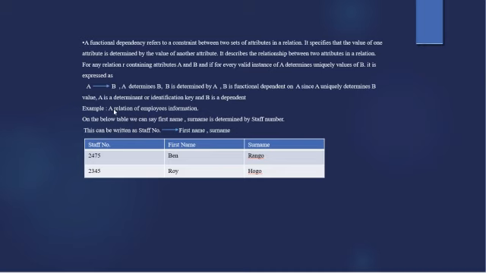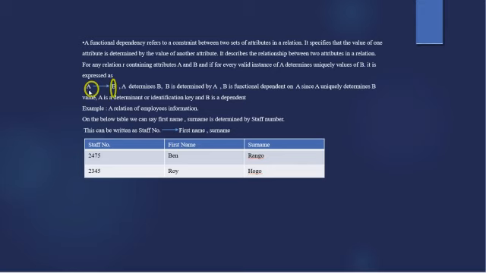When we are writing the functional dependence, we write A, then an arrow pointing to B. This means that A determines B, or B is determined by A, or B is functionally dependent on A. Since A uniquely determines the B value, A is the determinant or identification key, and B is the dependent. In this example, we see A on the left hand side and B on the right hand side.